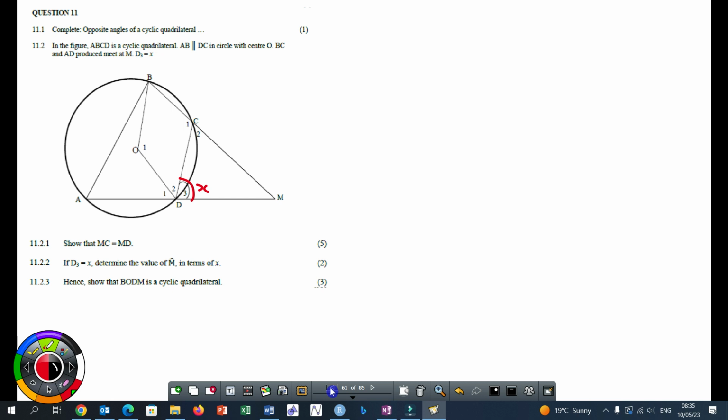Once you do the first part of the question, some of the information we have in 11.2.1, we need that information to carry on to do 11.2.2. All geometry questions have a connection. They are not in isolation. So if you see a question like this 11.2.2, after having done 11.2.1, be aware that some of the information in 11.2.1, you might need it to do 11.2.2 and 11.2.3. Geometry questions are not in isolation.